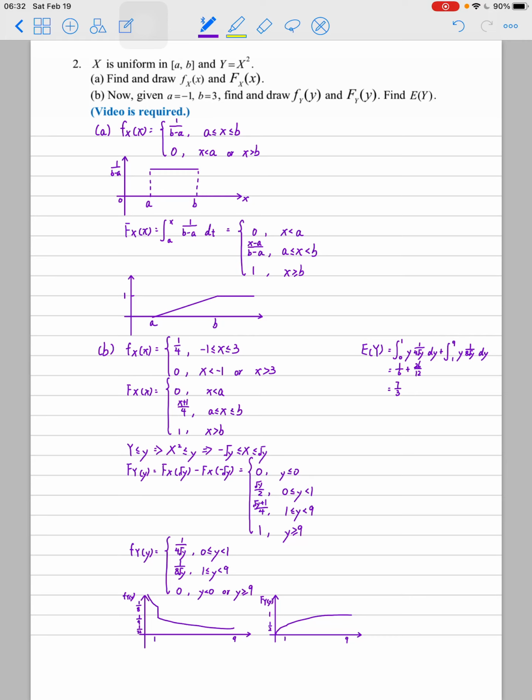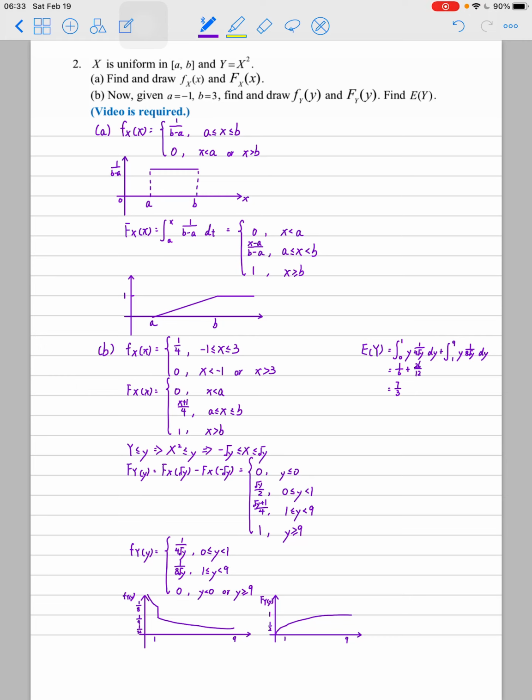So f_X(x) should be 1 over 4 when minus 1 is smaller than x smaller than 3, and f_X(x) should be 0 when x is smaller than minus 1 or x is larger than 3.